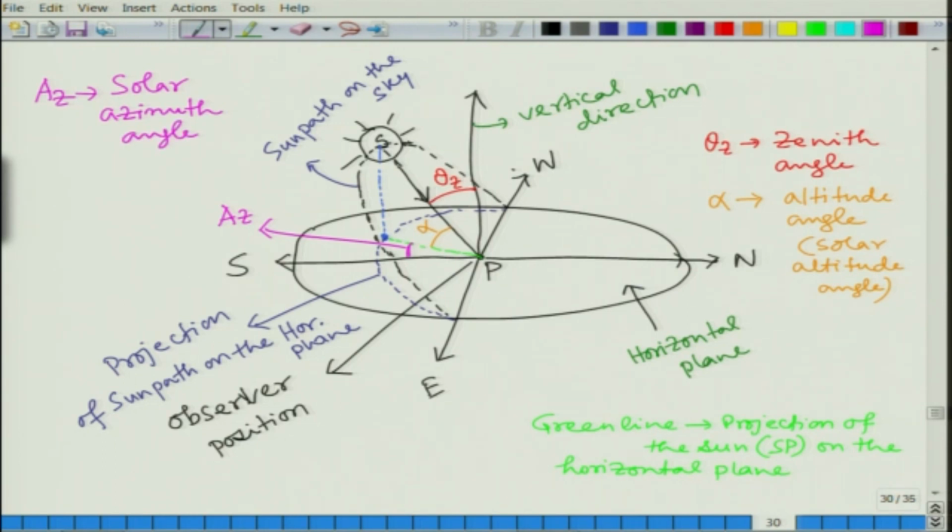Because we are taking the projection of the sun rays, which is the green line, and this is the angle between the green line and the south direction.